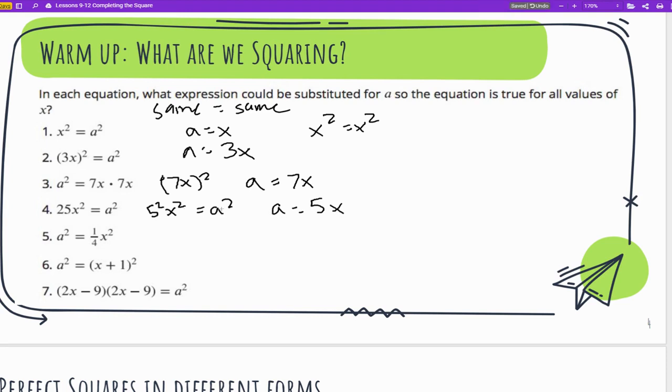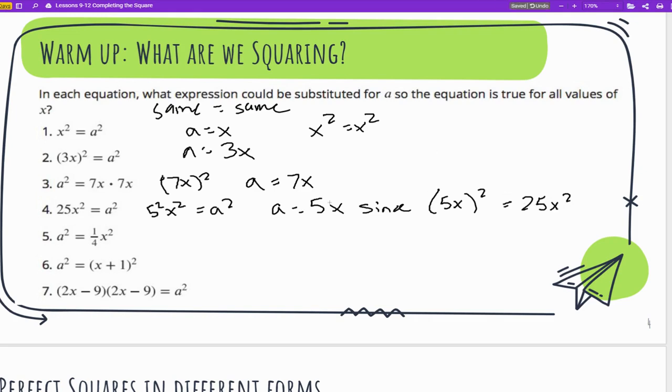Because if I took 5x and squared it, and I were to take 5x multiplied by 5x, I would get 25x squared without the parentheses.